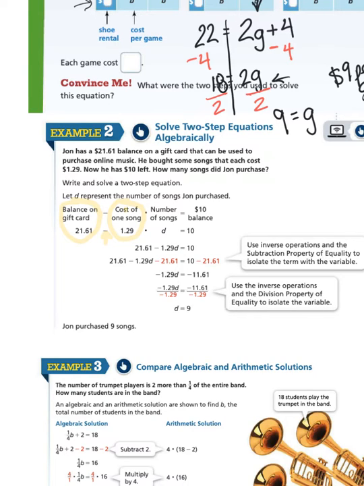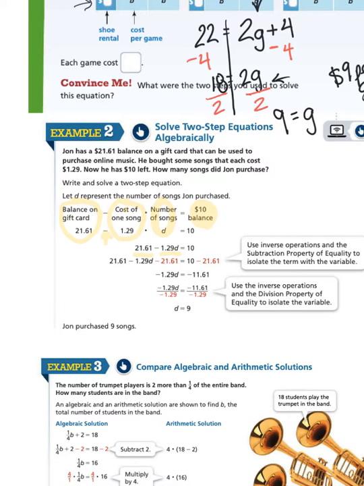And we don't know how many songs he bought, so we have to call that a variable. But we do know the new balance is $10. So how do we get to the $10? Well, that's right. We take the original amount, $21.61, and we subtract $1.29 times D, which equals 10.